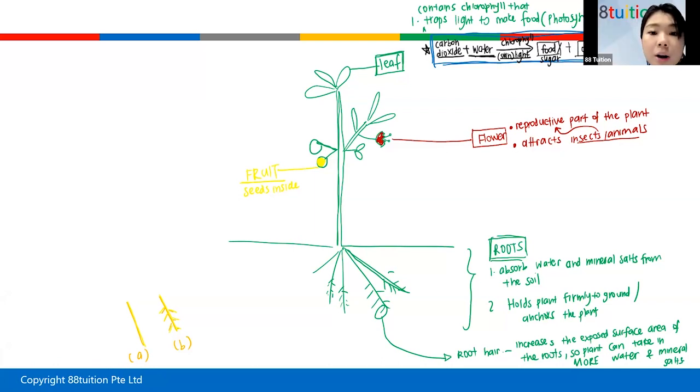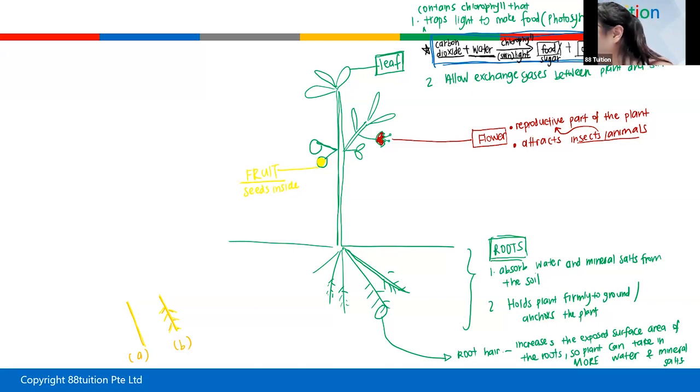My students usually struggle with these two. Exchange gases. Good. Allow exchange of gases between the plant and surroundings. I always tell my students, you cannot just say exchange gases. You must say between where and where.